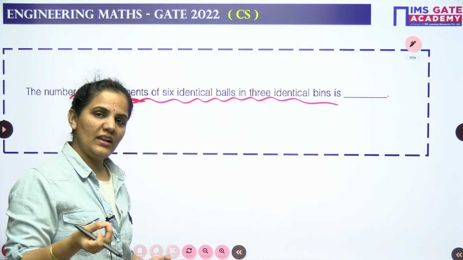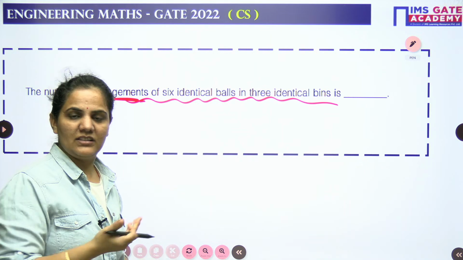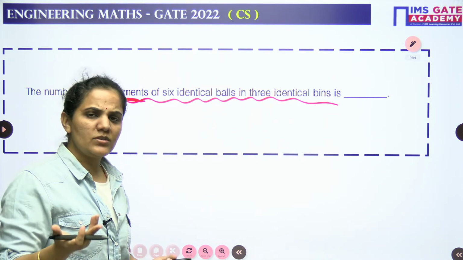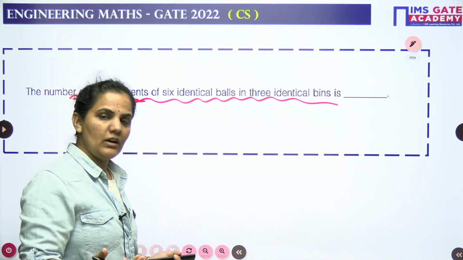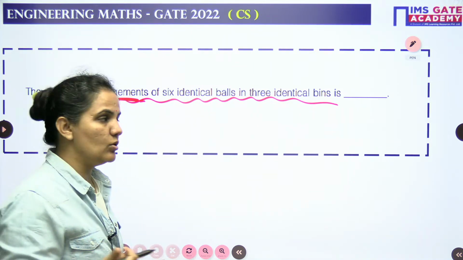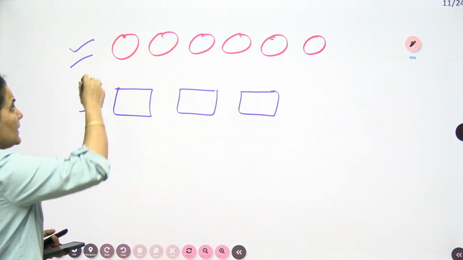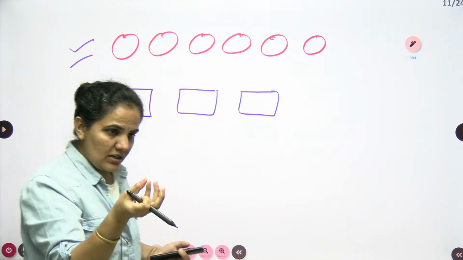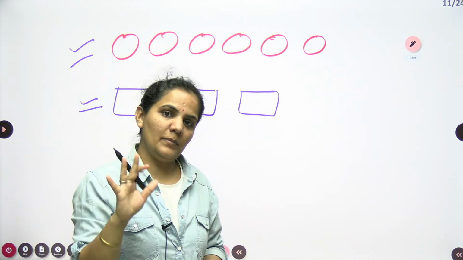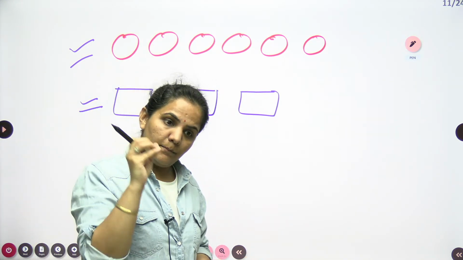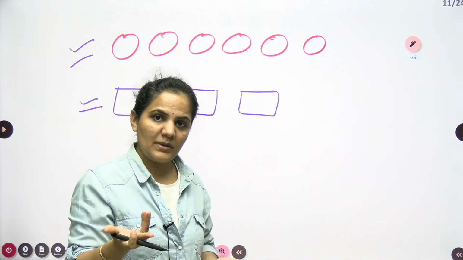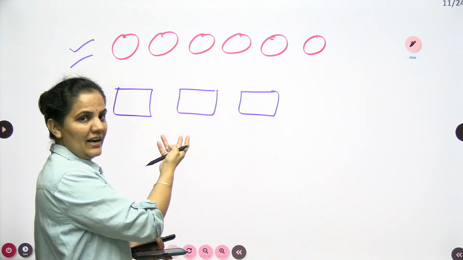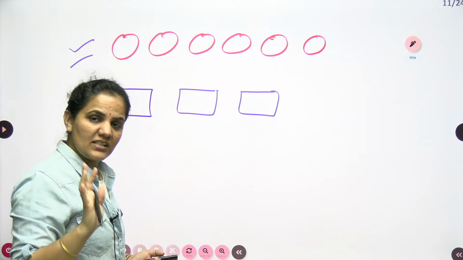This question is actually from permutation and combination, but here we can approach it directly, without going into that, by counting. The order, meaning which ball I am taking, does not make any difference. And which bin or box I am taking does not make any difference, because these 3 are identical and these 6 are identical.